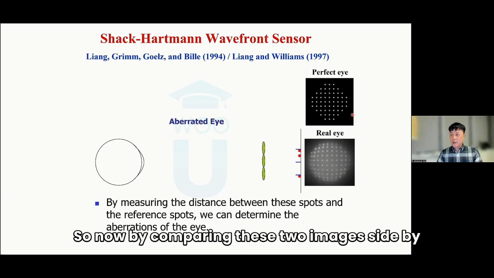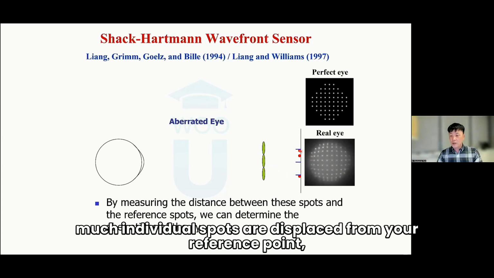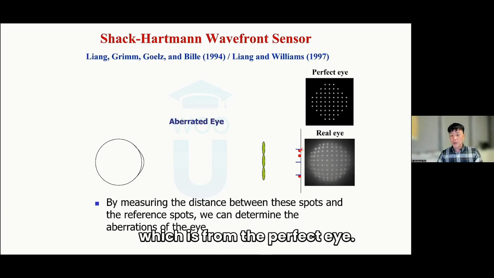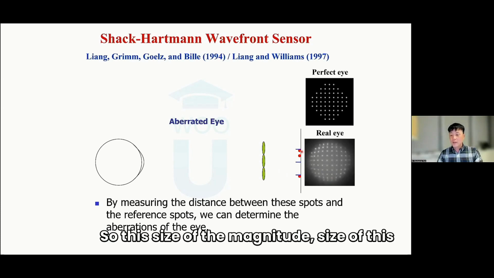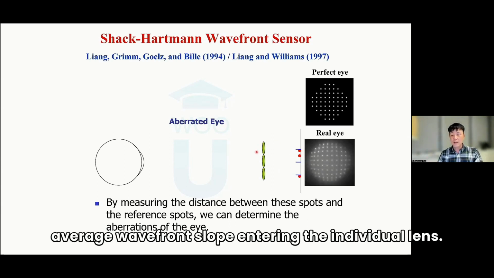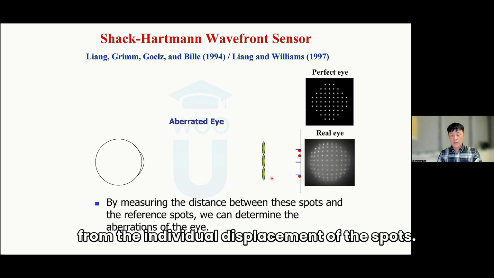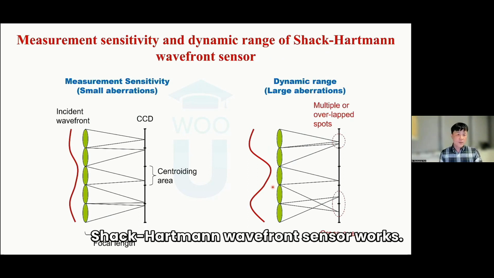By comparing these two images side by side and analyzing them, you can measure how much individual spots are displaced from your reference point, which is from the perfect eye. The magnitude of this displacement in X and Y direction corresponds to the average wavefront slope entering the individual lenslet. So basically that's how we measure aberrations from the individual displacement of the spots. This is how the Shack-Hartmann wavefront sensor works.